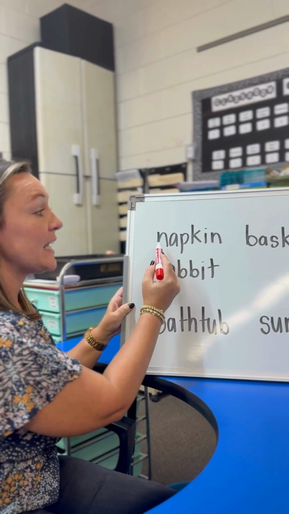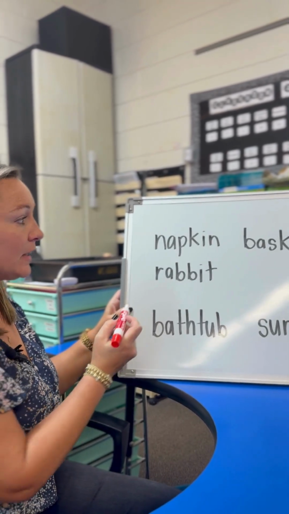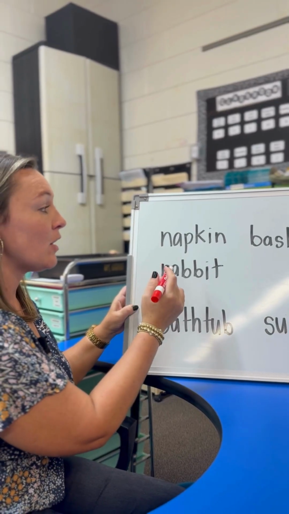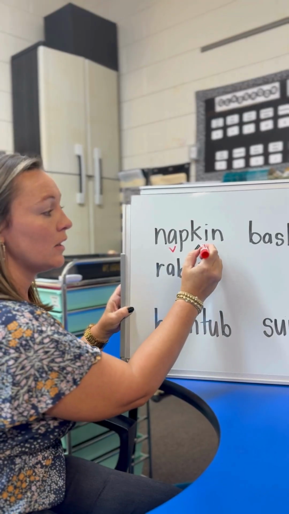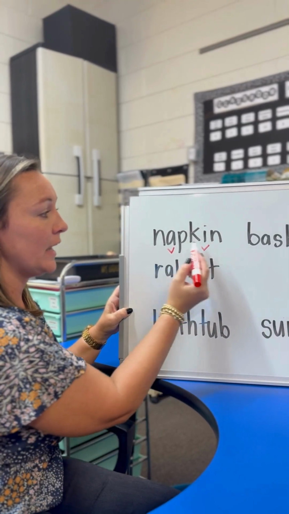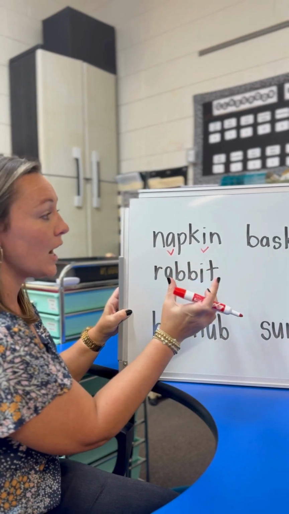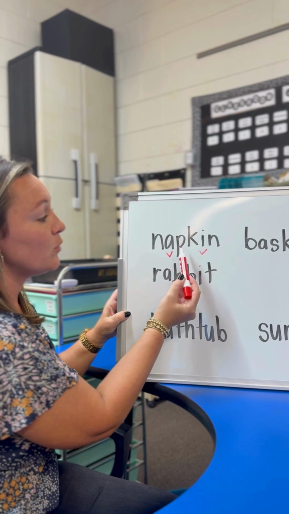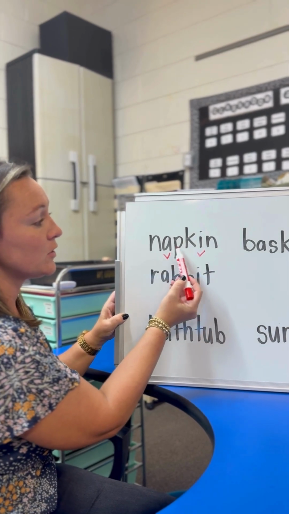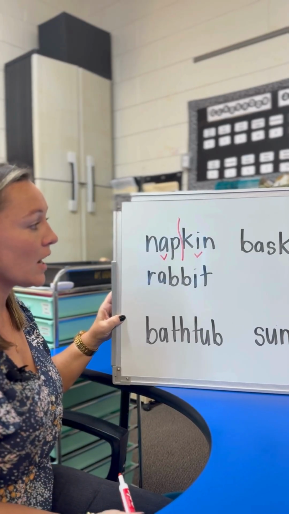When we find words like napkin in text, if your student can't read the word napkin, then you have to help them out and let them find the vowels. So I have my first vowel and my second vowel, A and I. When we have two vowels in a word, we know it has two consonants if they're in separate places, two separate vowel spelling patterns. And then we see two consonants between those two vowels. So we will break that word between those consonants.